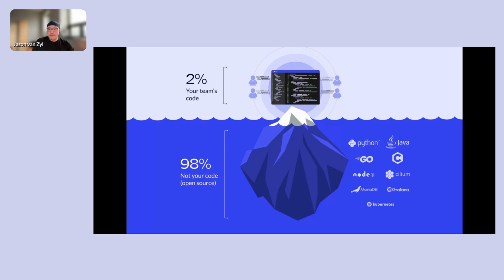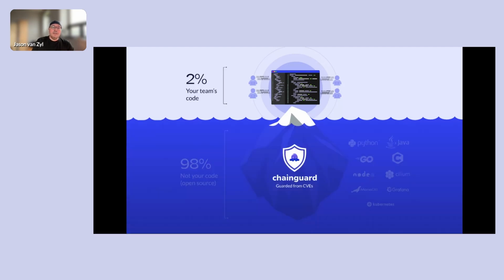Most of your dependencies are coming from open source projects, Jackson, Spring Boot, Logback, Log4j, many open source Java projects that many companies rely on. Chainguard is trying to build all of those dependencies from source.